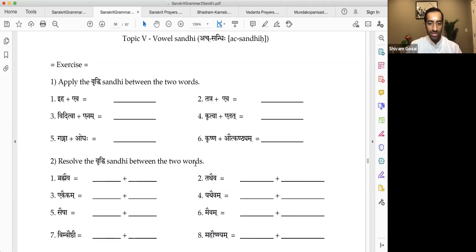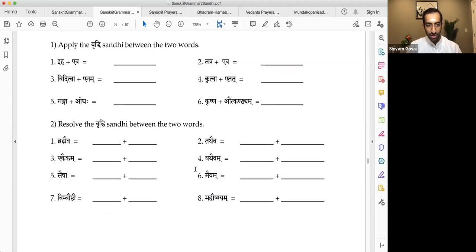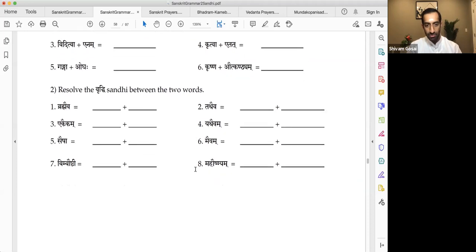Okay, let's look at some different examples. These are kind of all the same. Let's look at number 8. Mahoshniyam. So I have O, and O replaces 2 things: avarna, and it can replace O, or it can replace Ao.